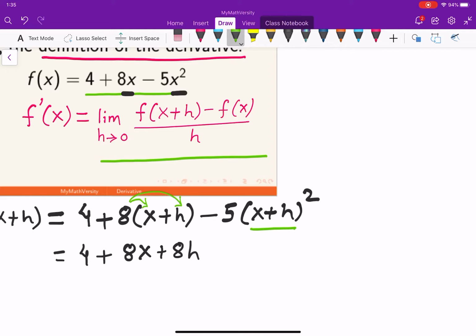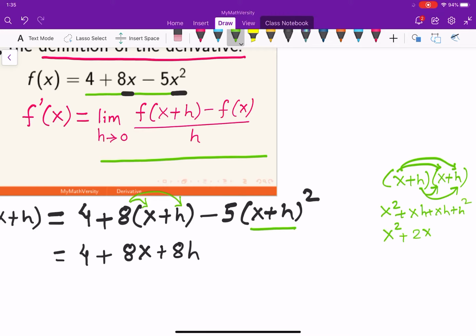You can clearly see that the square of x plus h means x plus h multiplied with x plus h, right? And then by using FOIL, x times x gives x squared, x times h gives x times h, h times x gives again x times h, and h times h gives h squared. In that case, we get x squared plus, combining the like terms, 2 times x times h plus h squared.